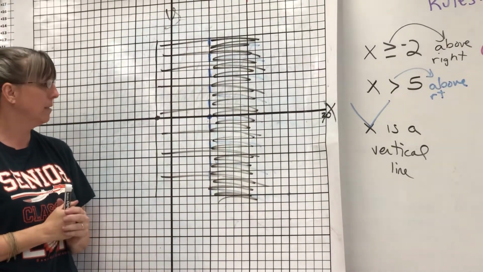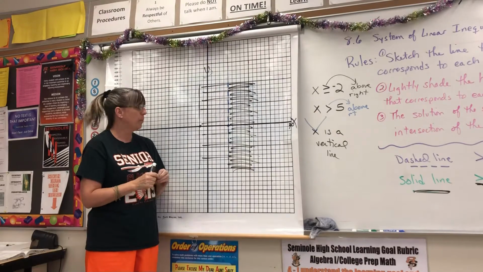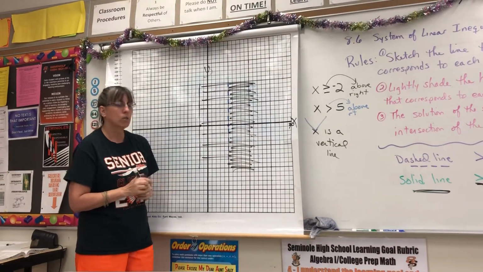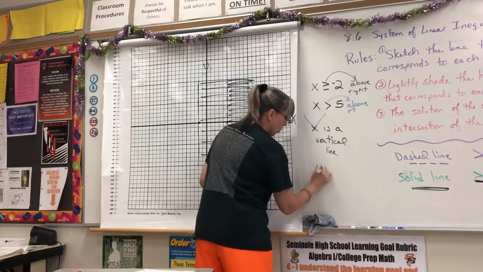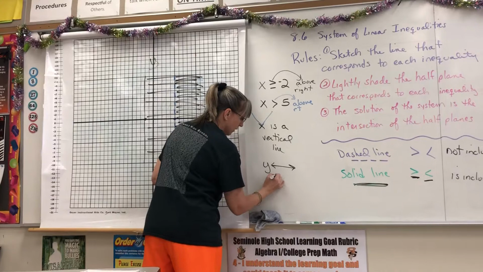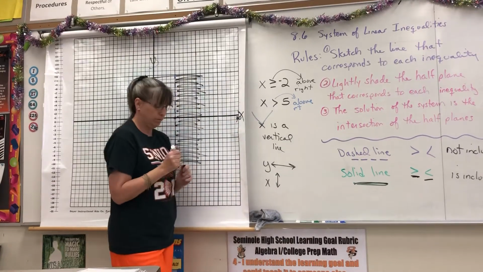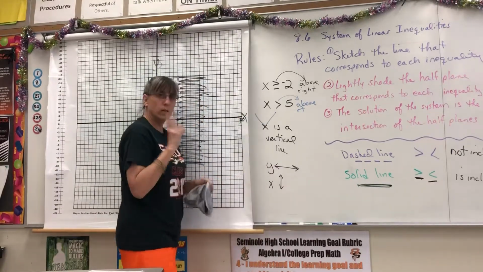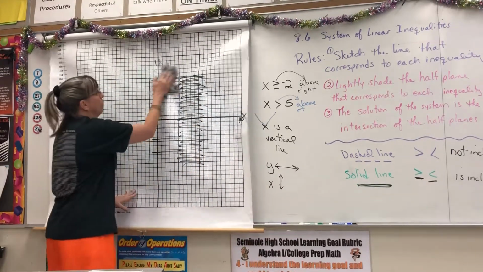Okay, does that make sense? Only where they overlap is where you highlight darker. Okay, so recap. Y is horizontal, X is vertical. Remember that, because those are the easy ones, okay guys? All right, I've got 2 more problems. Bear with me here.